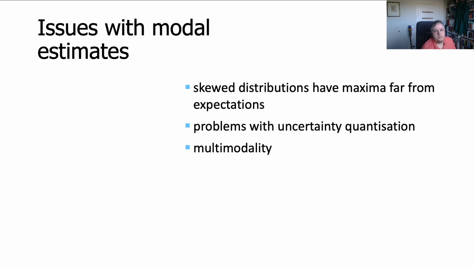So in the case of model estimates, we can have problems with skewed distributions, which have maxima far away from expectations. We can also have problems with uncertainty quantification, because we are essentially summing up the entire probability distribution with one point, its maximum.